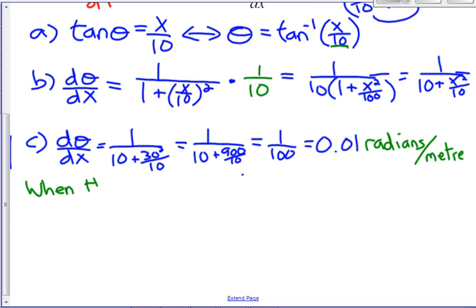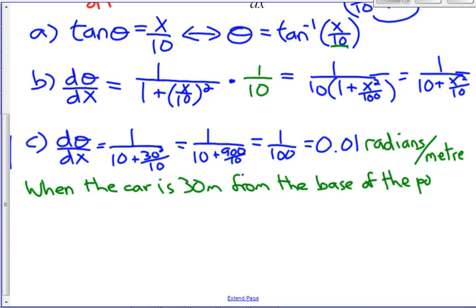When the car is 30 meters from the base of the pole, the camera is swiveling at a rate.